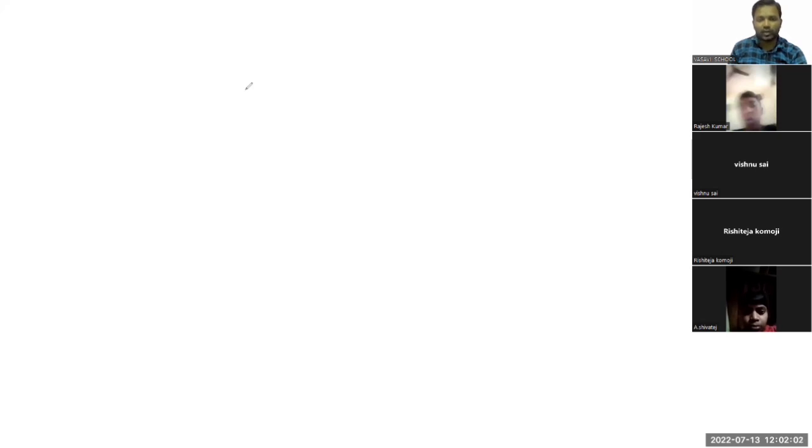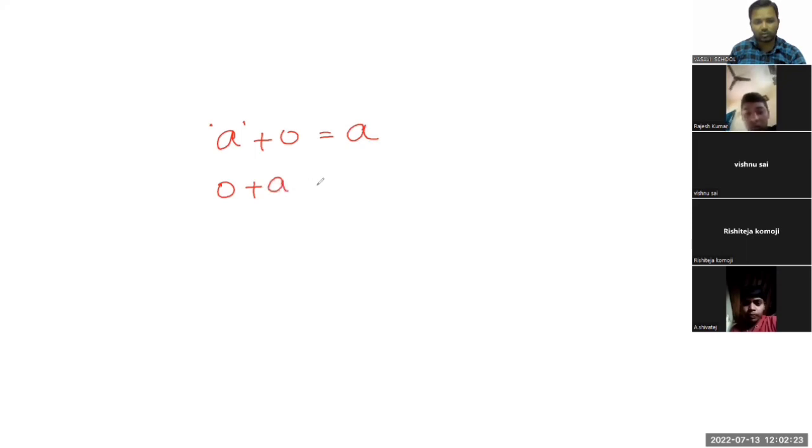0 is called additive identity. Why? Because for any rational number a, if you add that rational number to 0, how much do we get as the result? The same rational number. Or else, if you add 0 to the rational number, how much do we get?